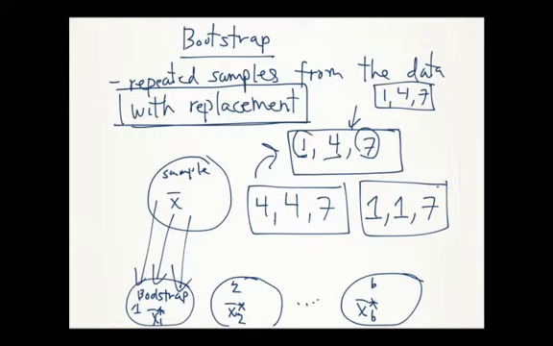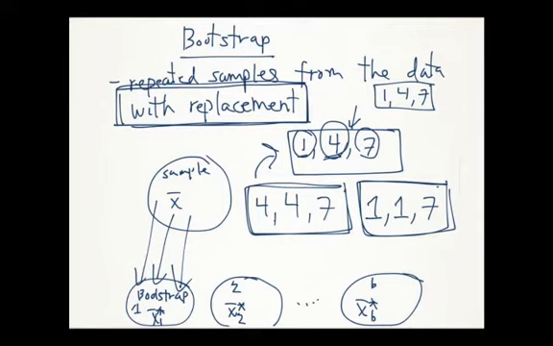So say I choose 1, and then 4 is the only thing left to choose from, right? So doing Bootstrap samples without replacement doesn't make any sense because you just end up with your data set again. So the concept of the Bootstrap, we always sample with replacement, so we get different data sets from our original data set.